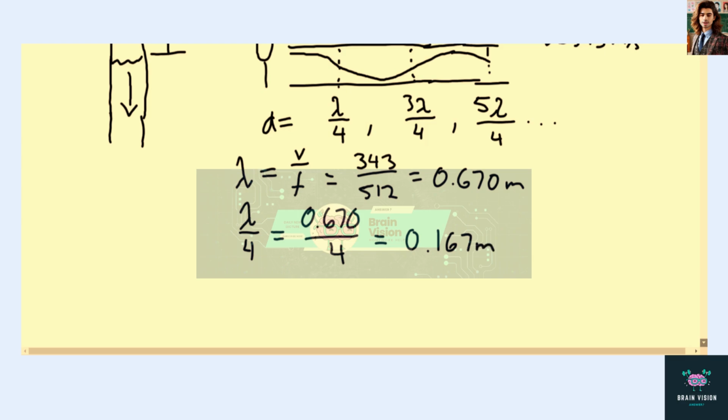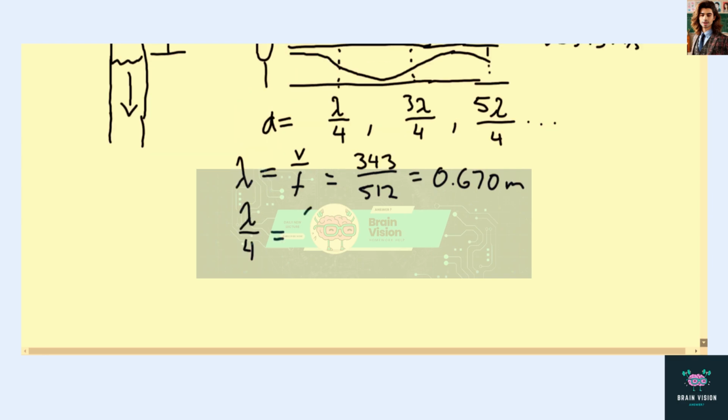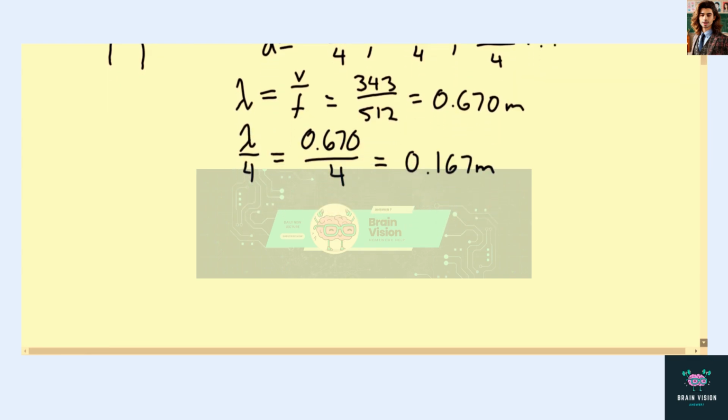So the first possible distance is lambda over 4, which is equal to 0.670 divided by 4. If you calculate that, you will get 0.167 meters. Now that's obviously less than 20 centimeters, 0.2 meters, so that is not one of our answers.